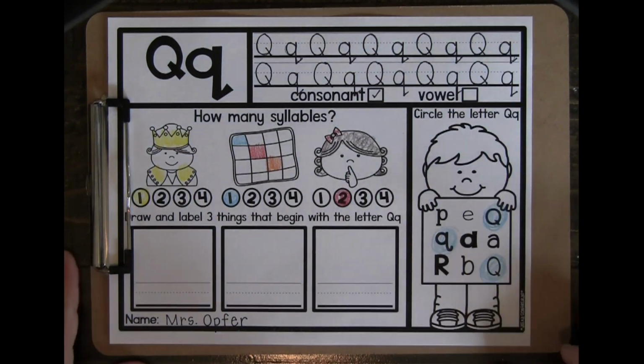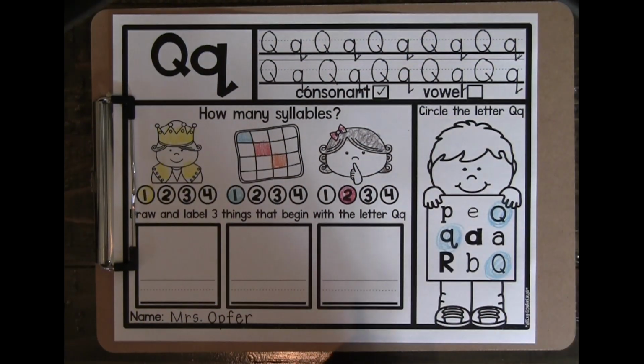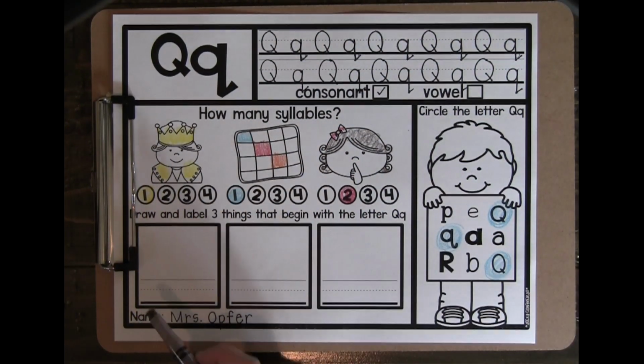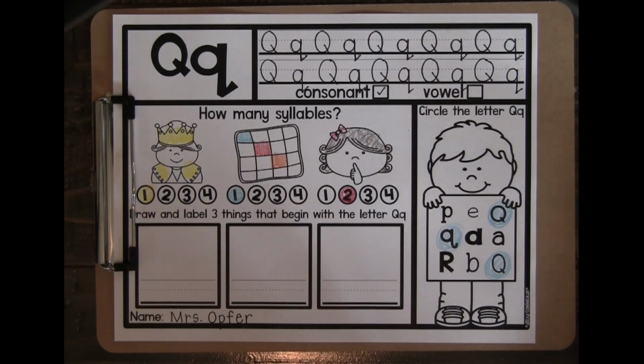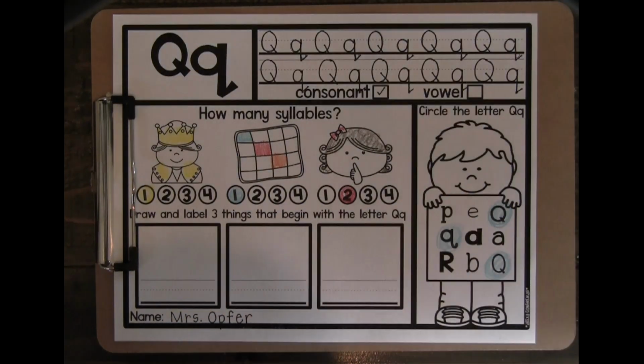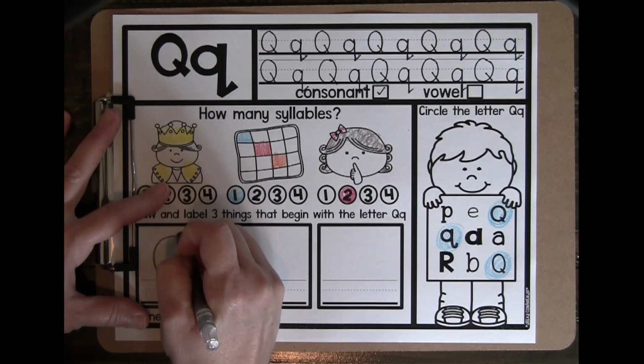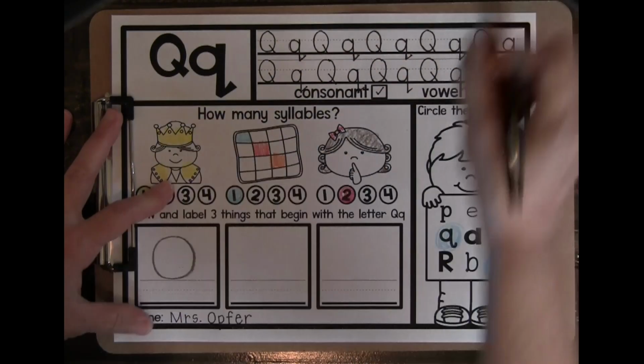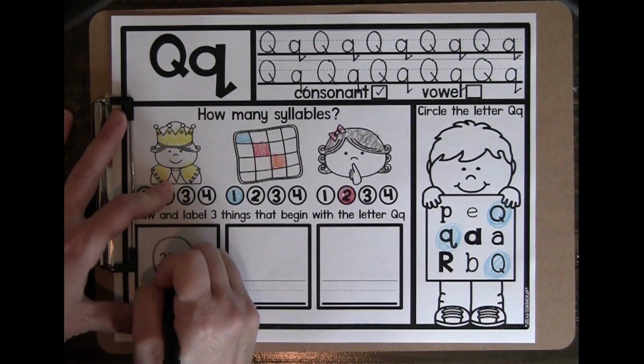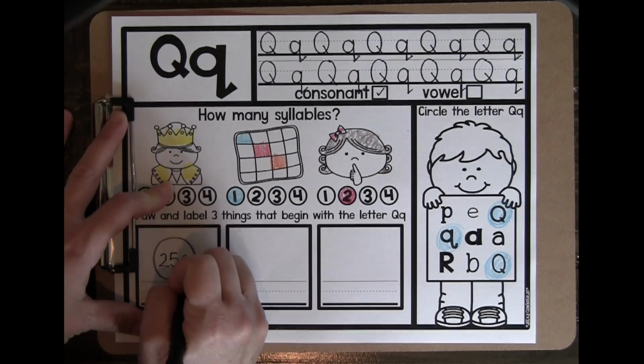Oh, that looks great. Now I've already been thinking of my own ideas, which is kind of a challenge because we don't use the letter Q that much, but I did think of a good one. Okay, it's round, and I'm even gonna label 25 cents.